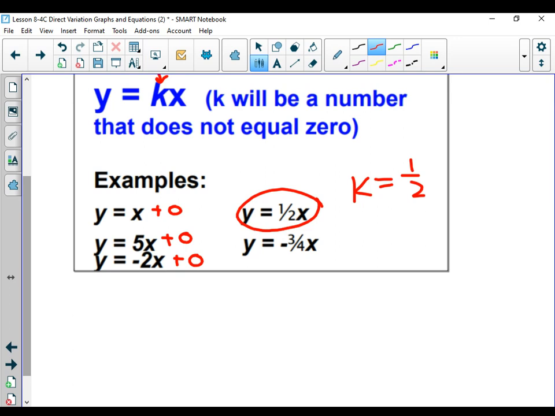If I look at this one, k equals down 3, run 4. What's the y-intercept? 0 every time on this. That's why it's named something different. That's why it's all these weird things happening. Because it's always going through 0.